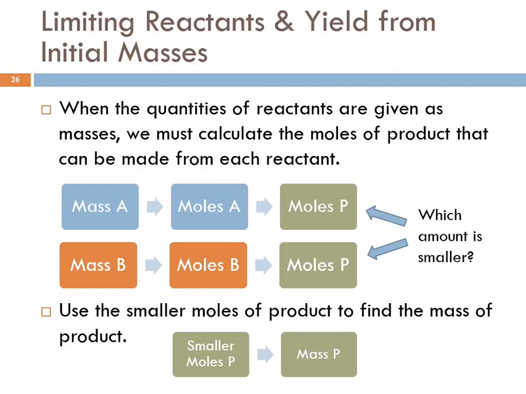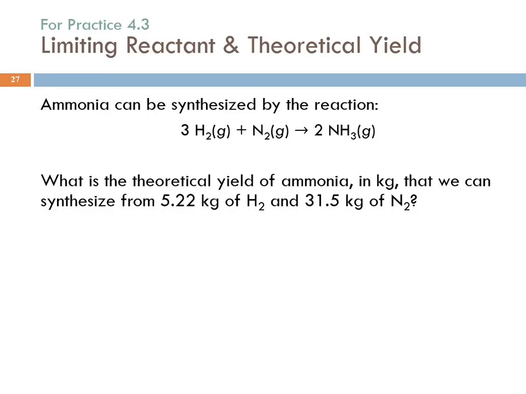Okay? And if this method makes sense to you, by all means, go ahead and use it. I find that it tends to be a little confusing to students. There's another way that's maybe slightly longer, but is conceptually more simple, and so that's what I do. So then they say to take that smaller number of moles of product and find the mass of the product. But I'll show you the way I do it.